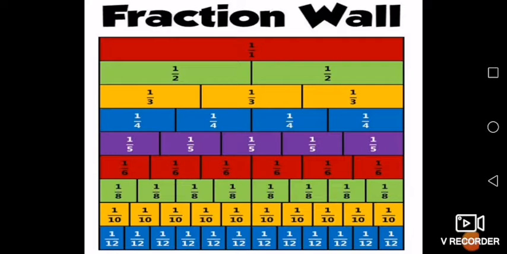As you can see, as the denominator is increasing, that portion of the fraction is getting smaller. If we take 10 parts of that strip, each part will represent 1 by 10. If we come to 12 parts, each part will represent 1 by 12.